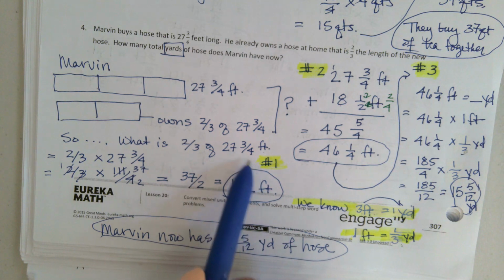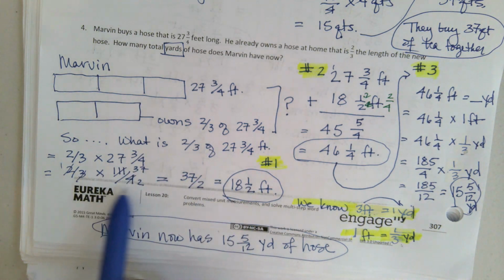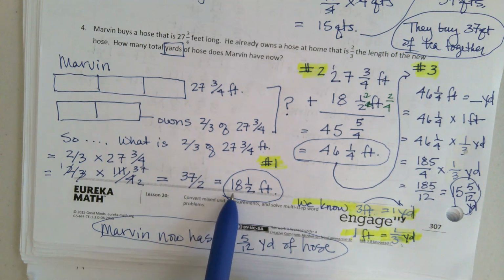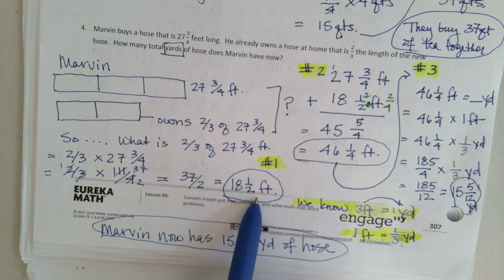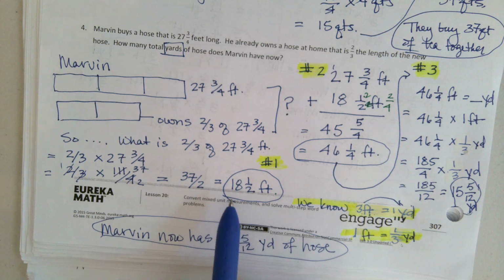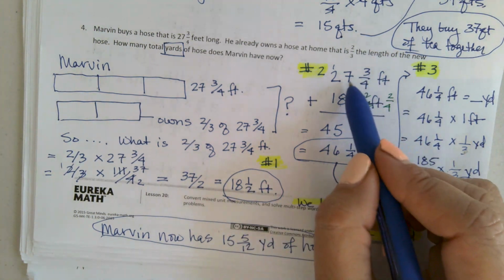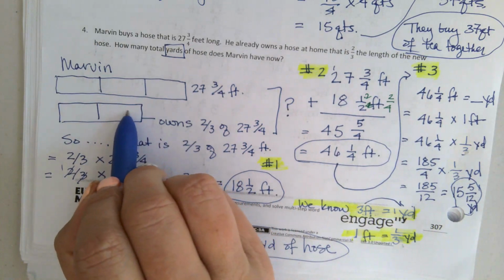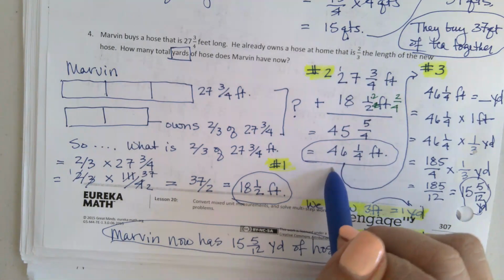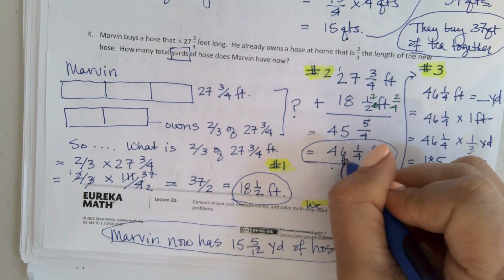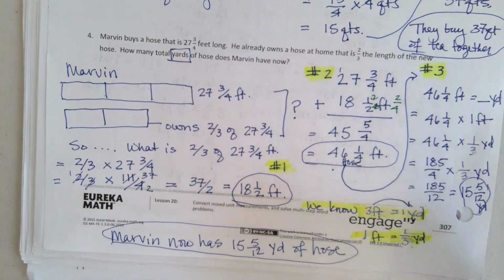What is 2/3 of 27 3/4 feet? So I do my multiplication, I end up with 18 1/2 feet. So before I can even start the next part, I have to figure out how much the first hose and the second hose are all together. So this is how much hose he has together.